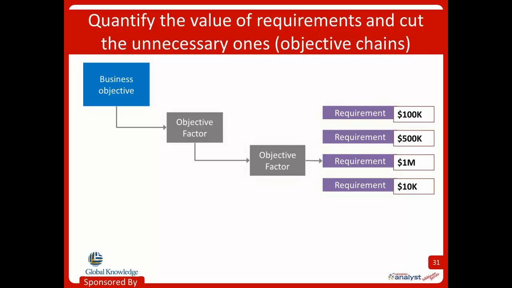You're just trying to get to an order of magnitude. It doesn't matter if it's 9,500 or 10,000; the idea is that it's roughly a $10,000 thing. So ultimately we'll come up with things like requirements or sets of requirements contributing $1,000 or $100,000, maybe $500,000 towards a business objective.